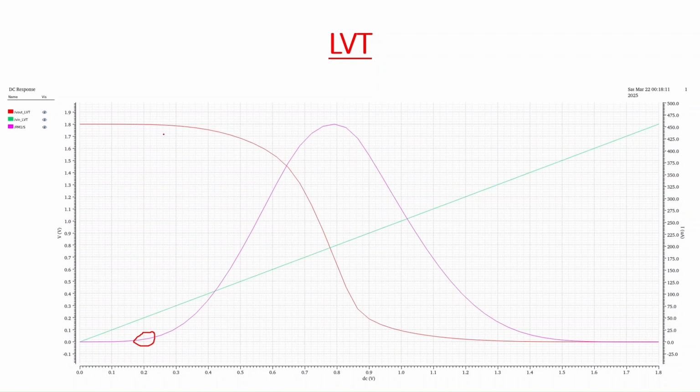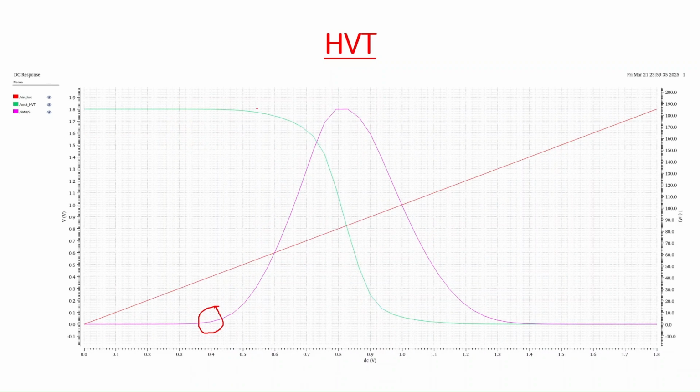Also we can see that this is the curve for the output voltage. For the low threshold voltage device, the output voltage starts to decrease from around 0.3 volt, whereas for the high threshold voltage device the output voltage starts to decrease at about 0.5 volt.